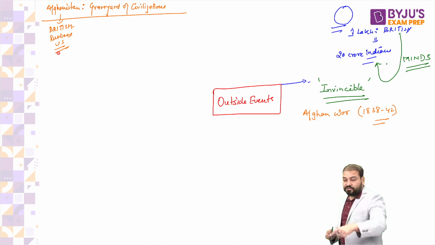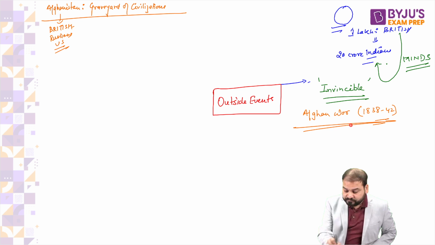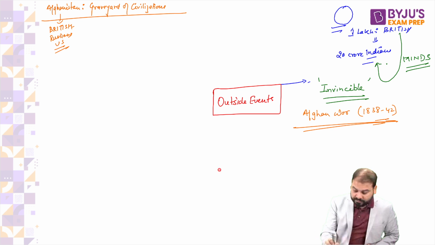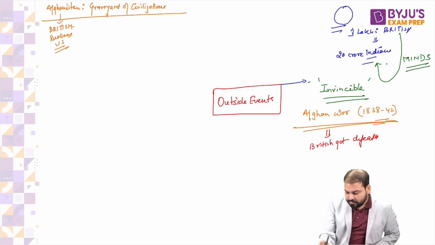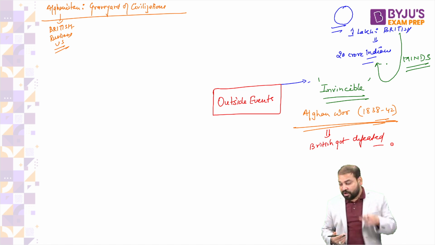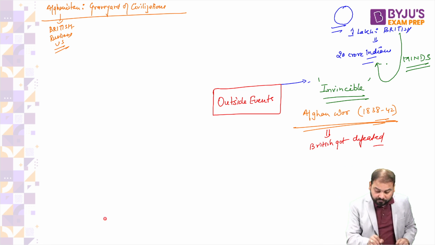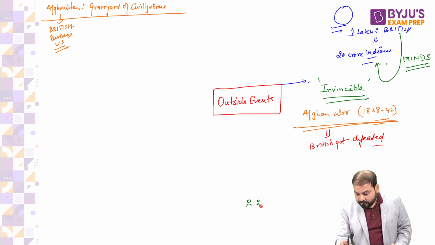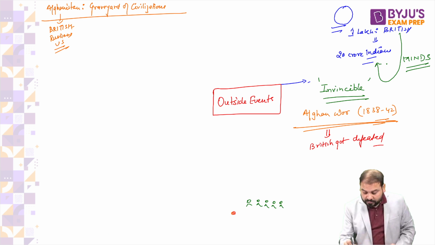Here is the British defeat. In this war, the British got defeated. Afghans have defeated the British. Now, all of you tell me, to fight the Afghans, this army had gone.